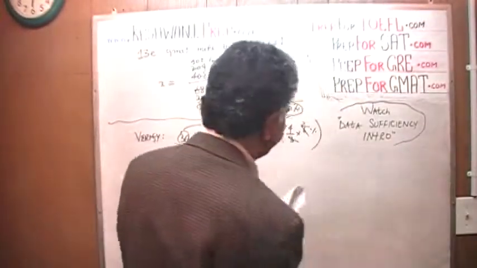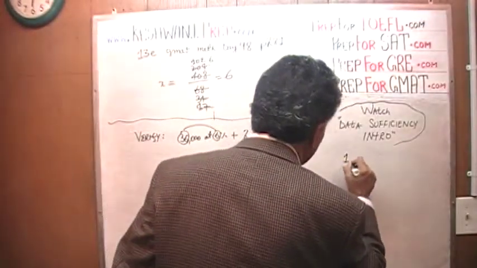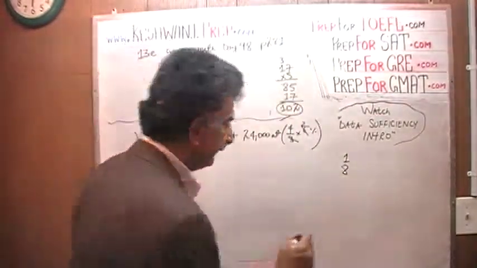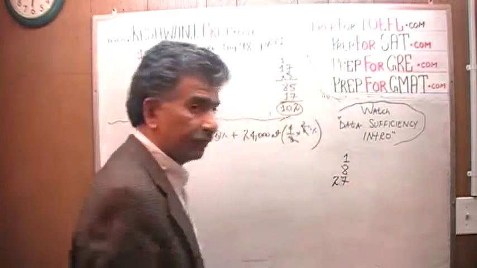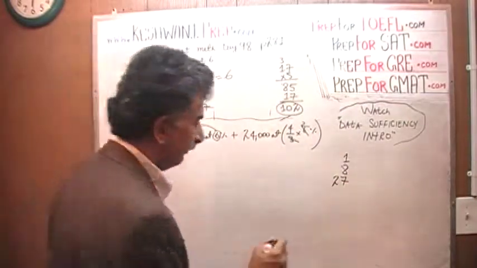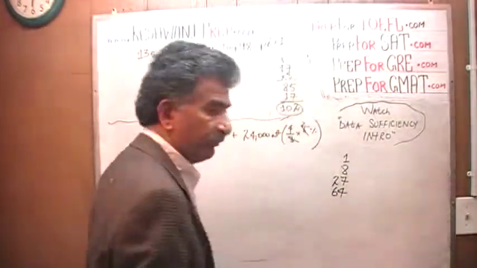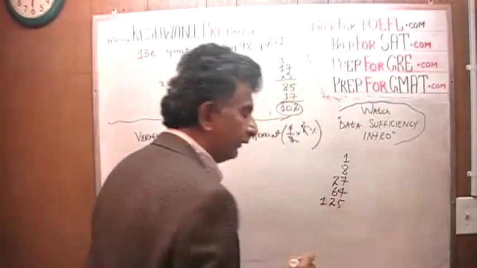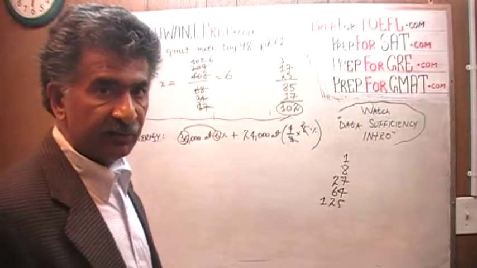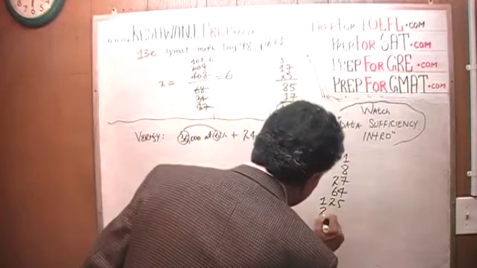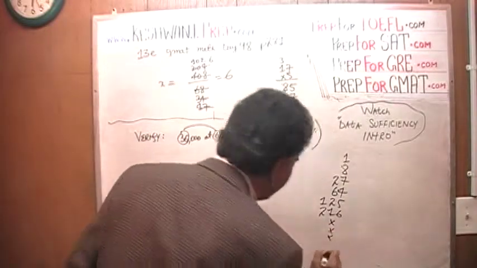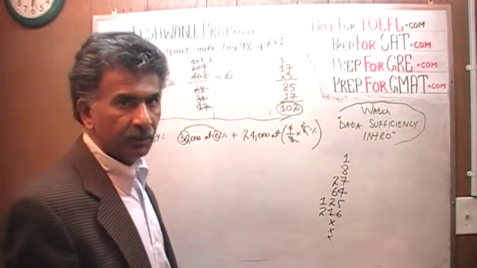Here's how you do it. 1 cubed is 1, 2 cubed is 8, 3 cubed is 27, 4 cubed is 4 times 4 is 16, 16 times 4 is 64, 5 times 5 is 25, 25 times 5 is 125, 6 times 6 is 36, and 36 times 6 is 216. 216, you should know that. The 7, 8, and 9, you don't have to worry about. And you should know your 10 cubed, which is 1000.